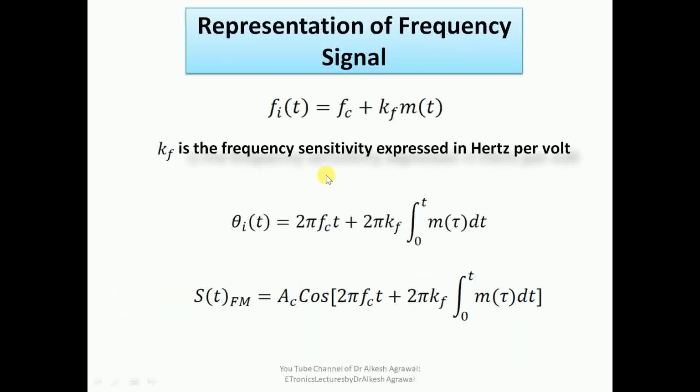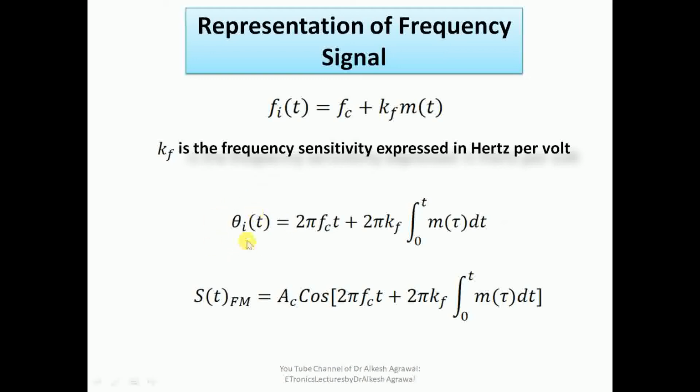Now how can we finally represent a frequency modulated signal mathematically? This is our instantaneous frequency, fi(t) = fc + kf m(t), which is varied with respect to the message signal. So we define theta i(t) as 2π ∫ from 0 to t of fi(t) dt, and we get 2π fc t + 2π kf ∫ from 0 to t of m(τ) dτ.